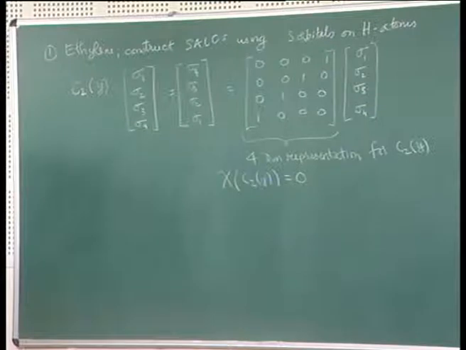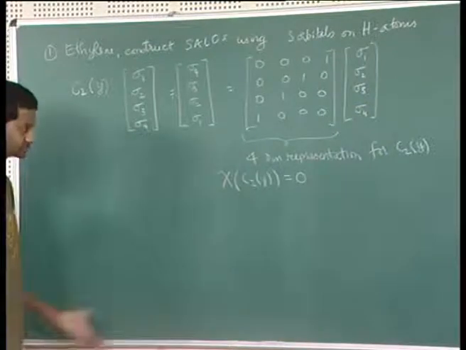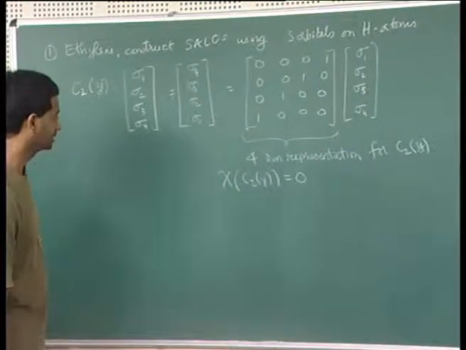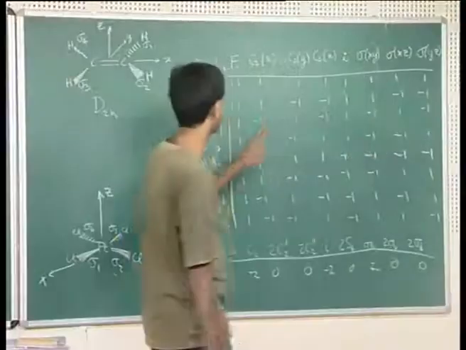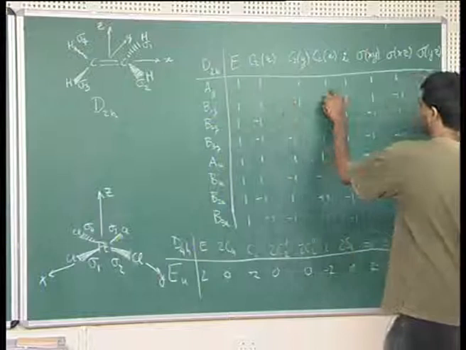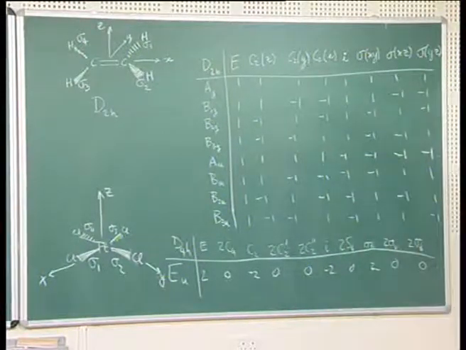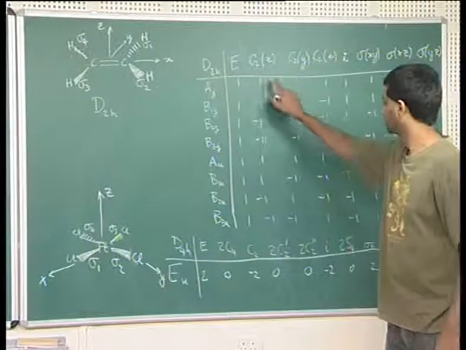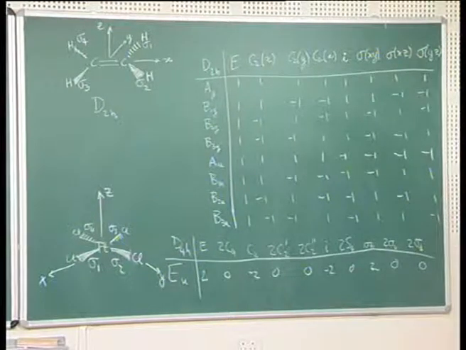Okay. Now you can see that you take chi of any other operation. So for example, if you take chi of C2z, C2x, okay, you'll again get 0. So the chi's for all these operations will be exactly equal to 0.